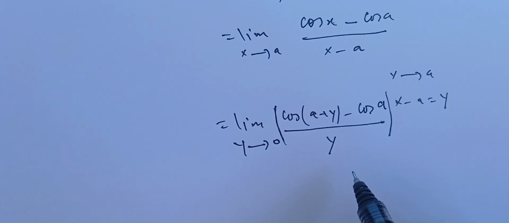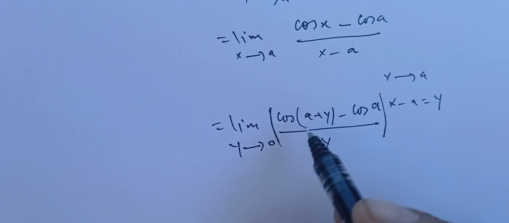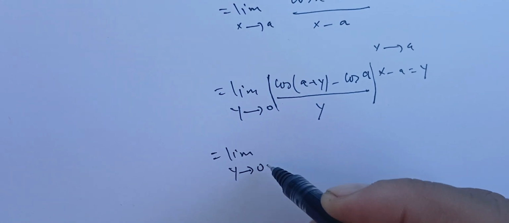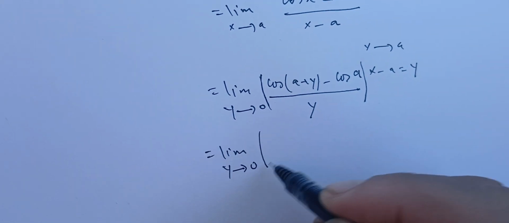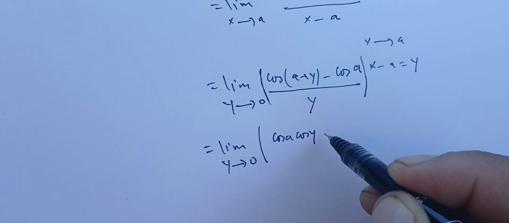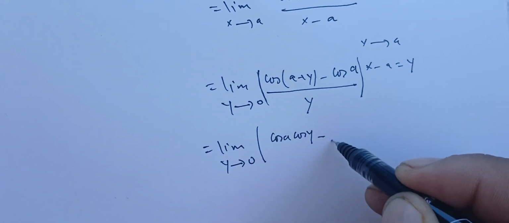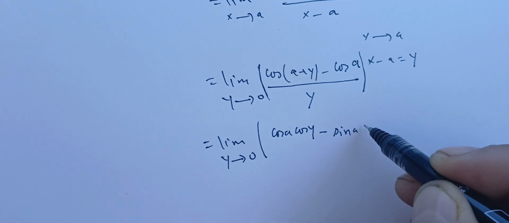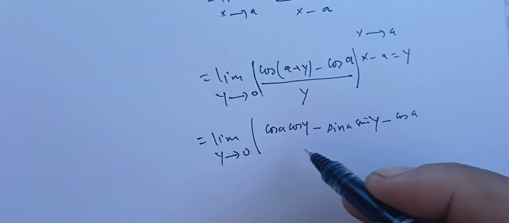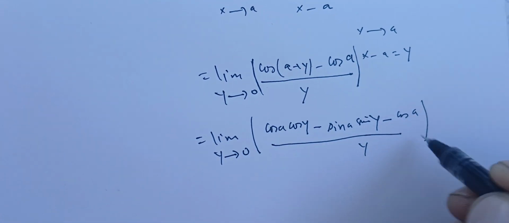So the limit as y goes to 0 of cosine a cosine y minus sine a sine y minus cosine a, over y.